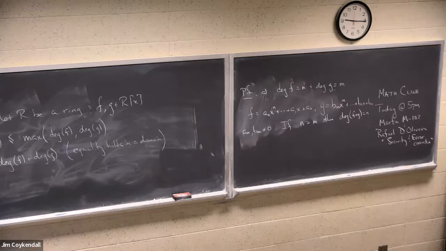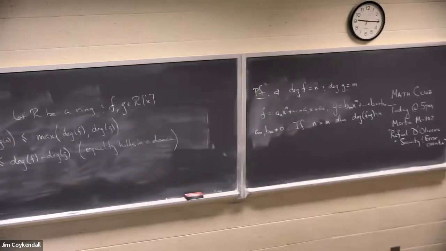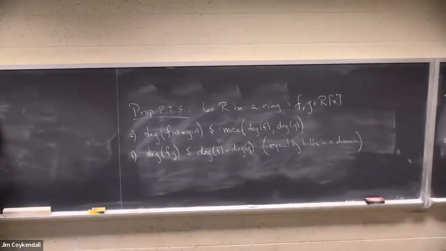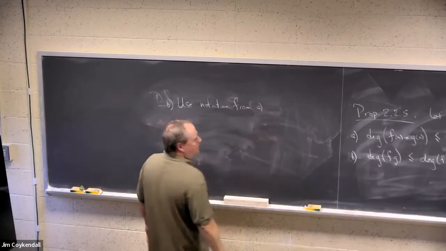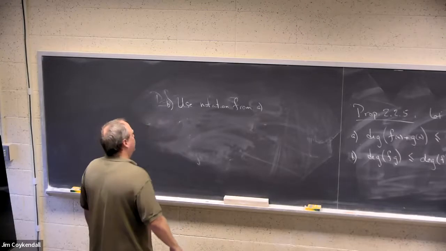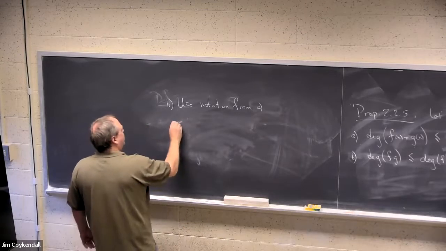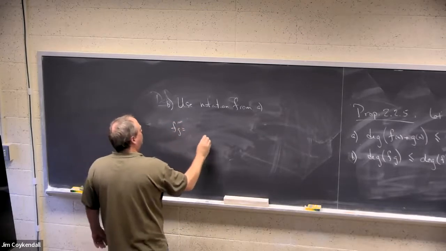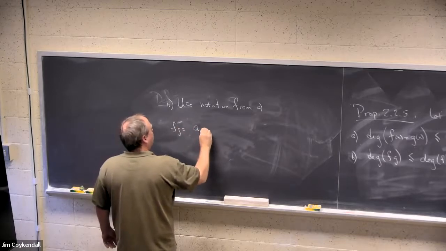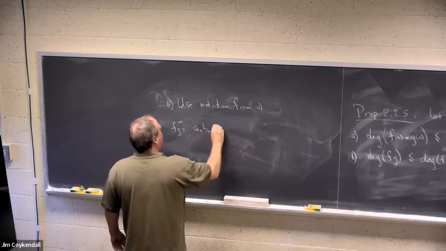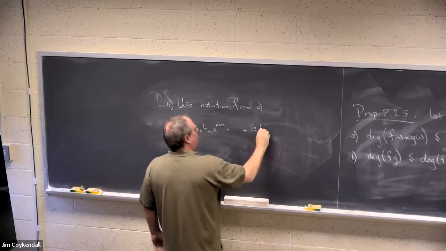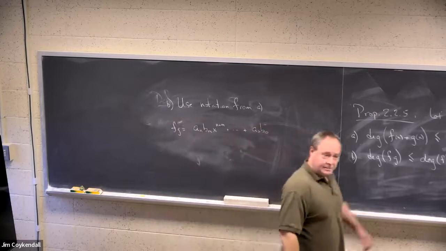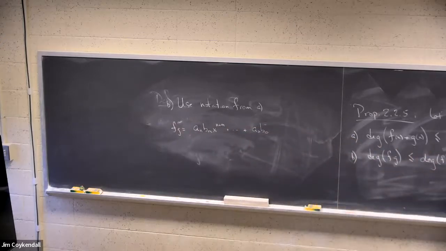For B, we use notation from A. Notice that fg is a_n b_m x^(n+m) + ... + a_0 b_0. And that's really all I need, the leading terms there.